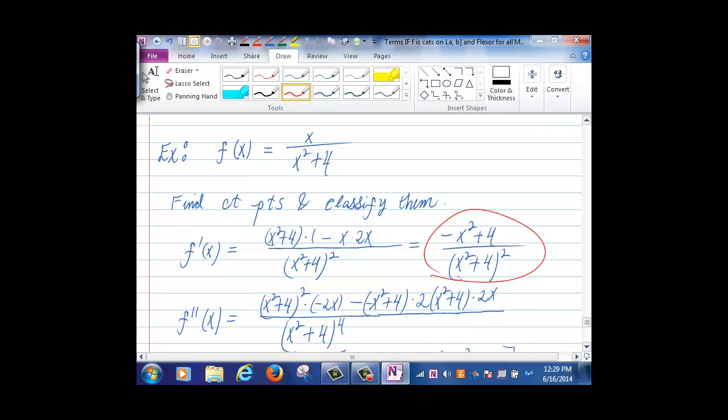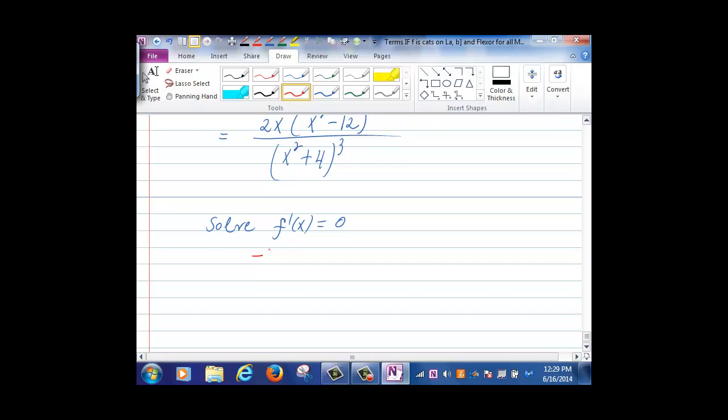If this derivative is 0, it would mean what is 0? It would mean that the numerator is 0, right? If I say this quantity is 0, then the numerator would be 0. So that would mean that negative x squared plus 4 is 0, which would mean x squared is what? 4, which would mean x is plus or minus 2. So I have two critical points. Remember, I also have to solve where the derivative does not exist, right?